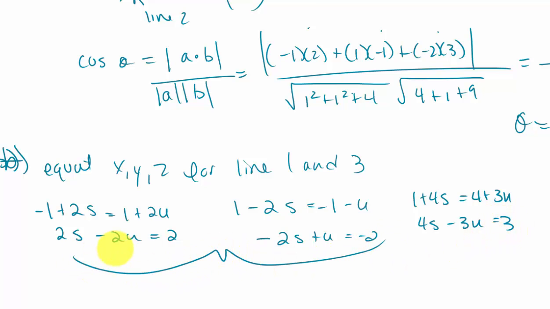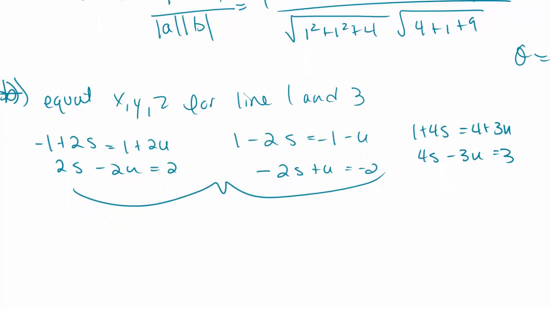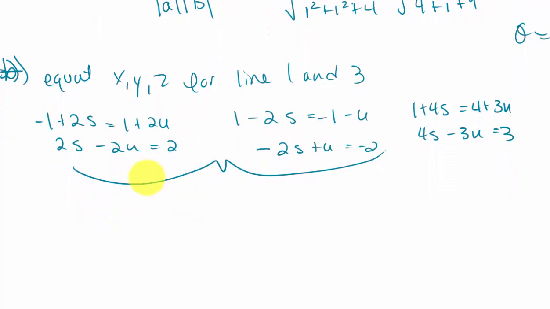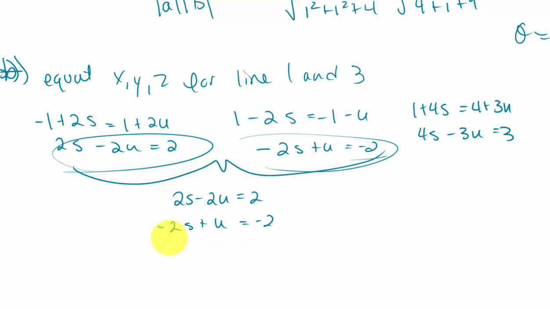So if we look at, let's say, the x and the y component, and we want to solve these, we can take 2s minus 2u is equal to 2, and -2s plus u is equal to -2, so these two. And when we add them, look what happens. We end up getting -u is equal to 0.